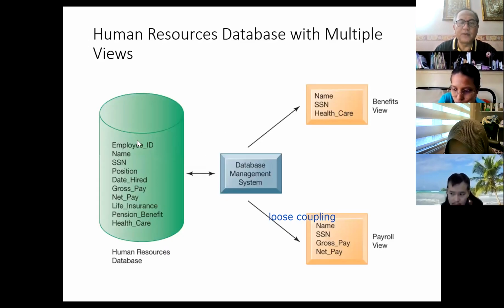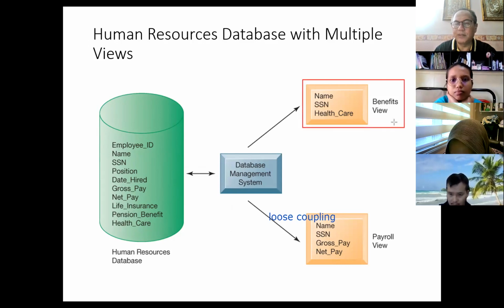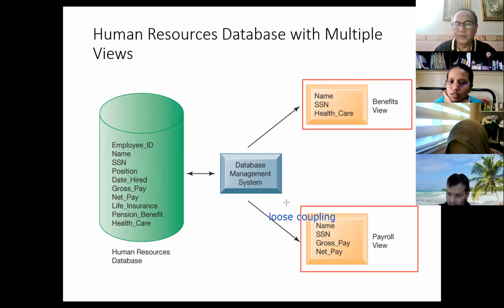This is an example of a centralized database where we have all the human resource data in the central database, but different units will have access to different systems. This unit handles the benefits, and this unit handles the payroll. They only see several different systems.